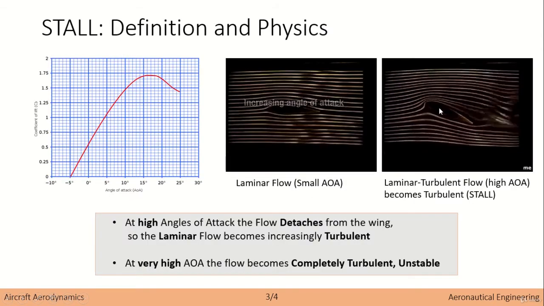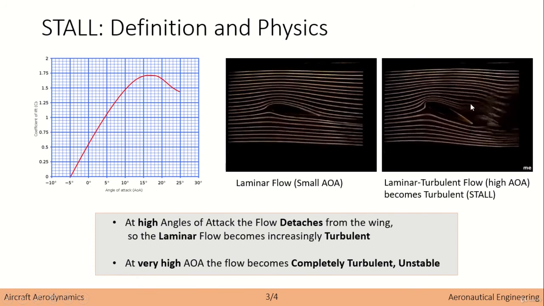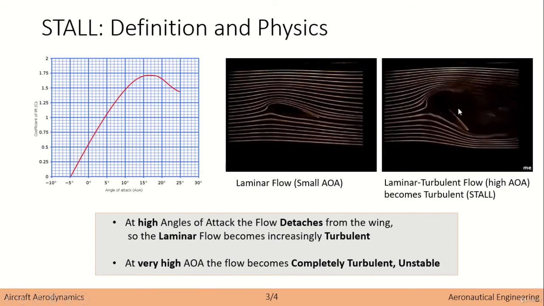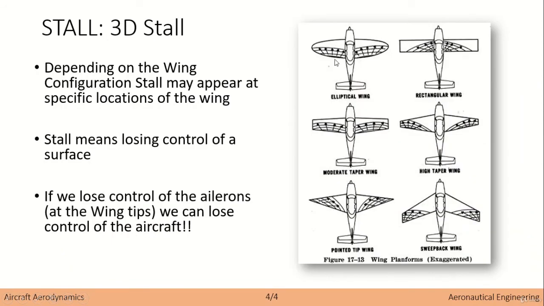As we mentioned before, the turbulent part starts on the trailing edge and kind of moves to the front, right? So this is the same that happens here. The stall starts at the trailing edge and then starts propagating to the front.